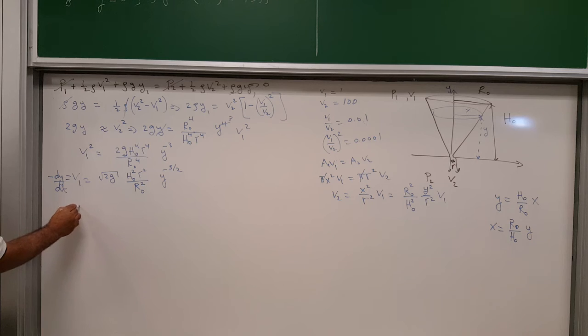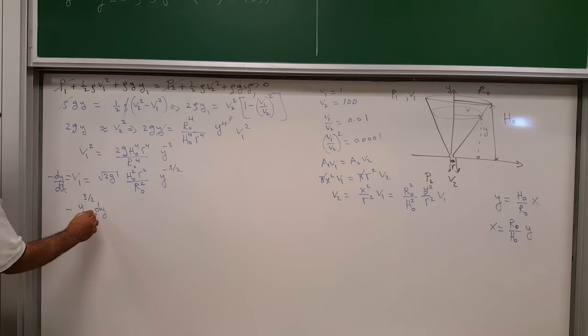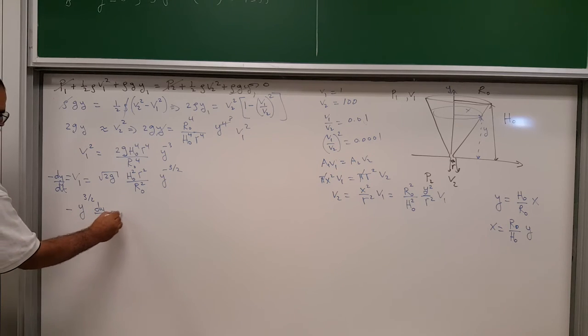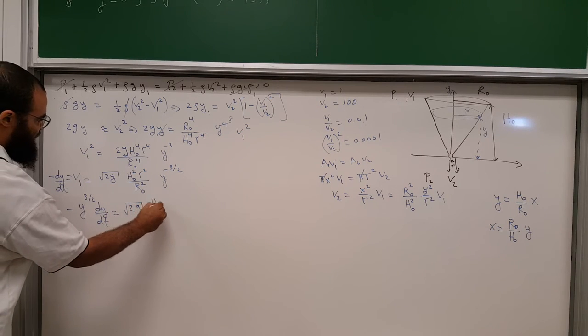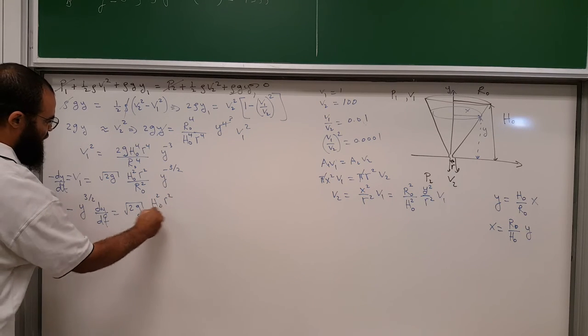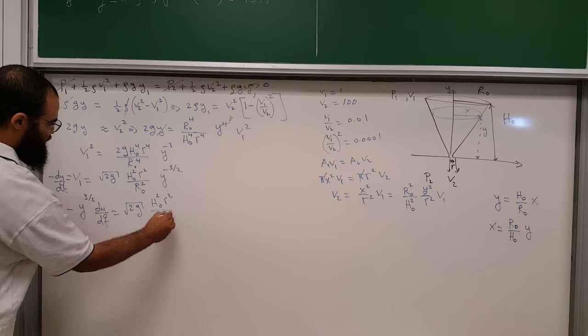Negative y to the 3/2 dy dt equals radical 2g h0 squared r squared over r0 squared.